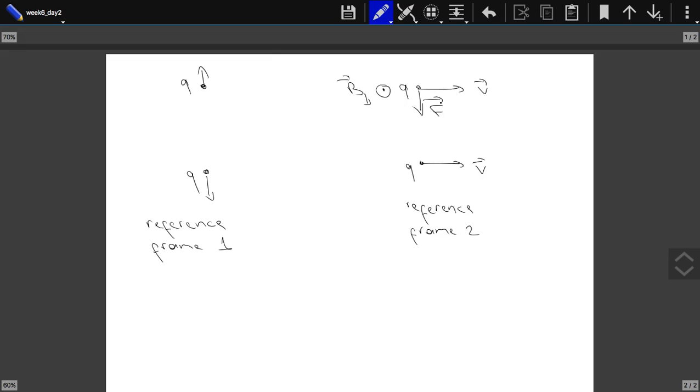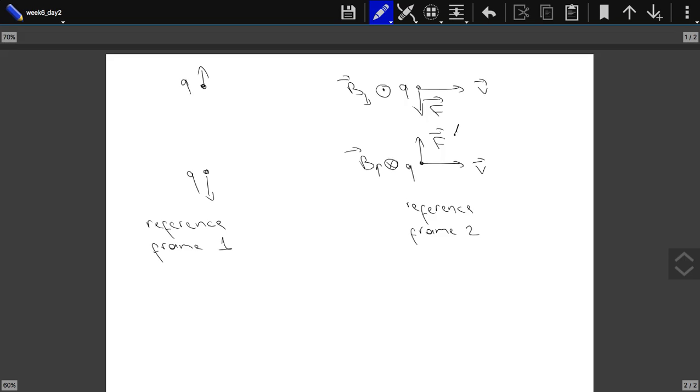Now, if you do the same thing for the lower charge, the upper charge will create a magnetic field pointing into the screen. This is the B created by the upper charge at the position of the lower charge. So it will feel a force towards the other charge. So you see, there is this additional force that is attracting these two charges.